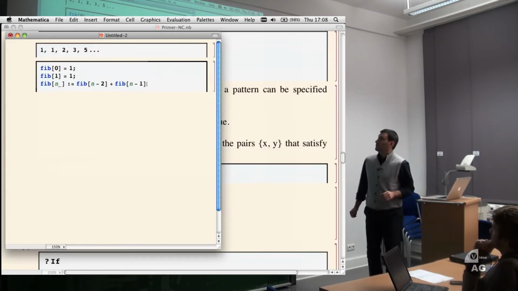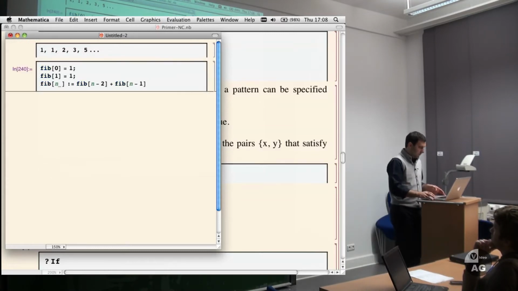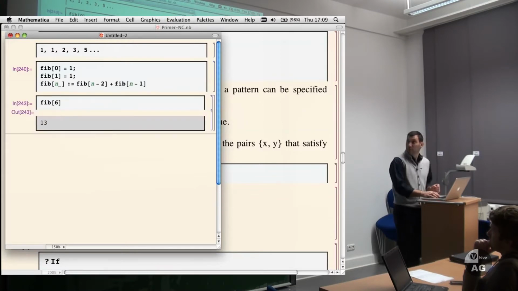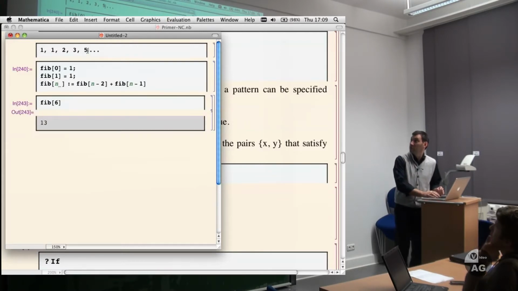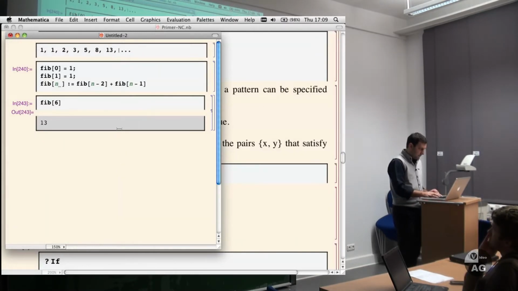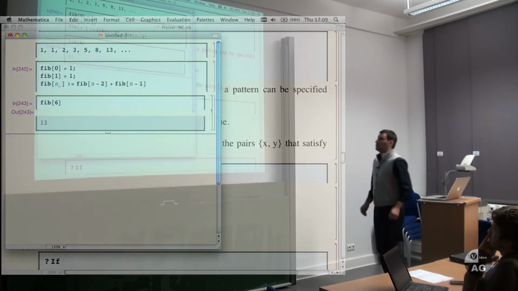So you agree that this will compute our Fibonacci sequence. Fibonacci of 6 will be 13. If we continue, 3 plus 5 is 8, 8 plus 5 is 13. So this is computing the right thing.